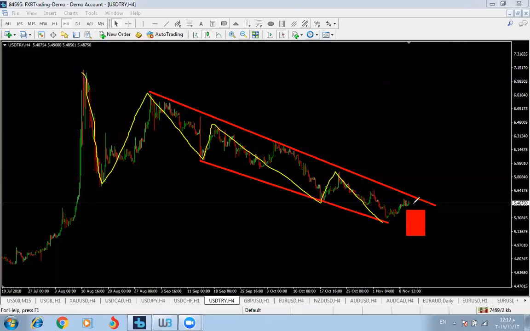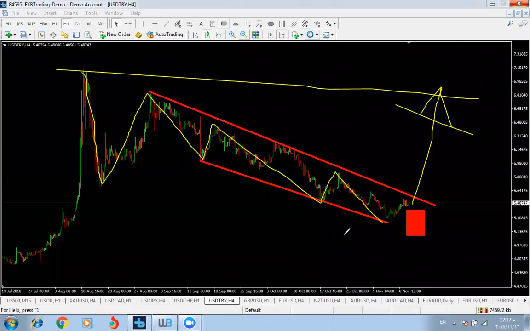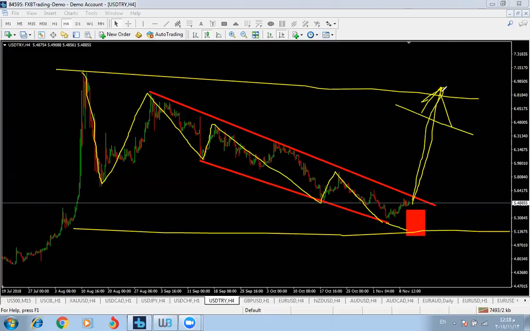So the price now should move strongly to the upside in the next few hours. I consider it a very nice and excellent trading opportunity. We should be very careful, because we might see a very strong spike to the upside, so we should take our orders and be careful.